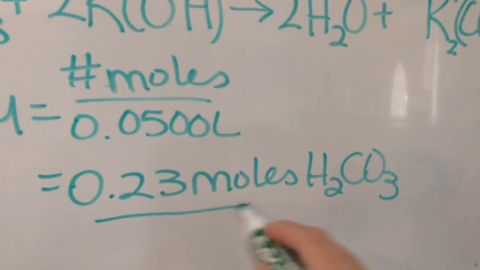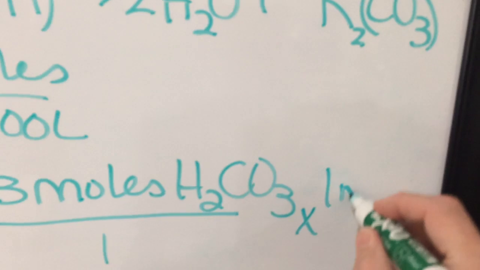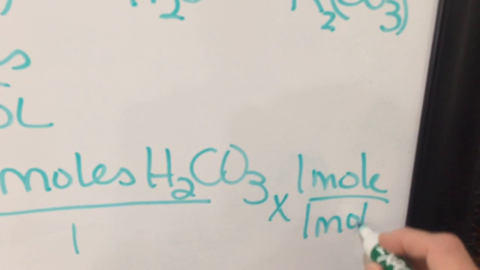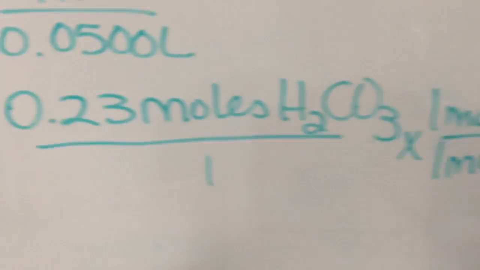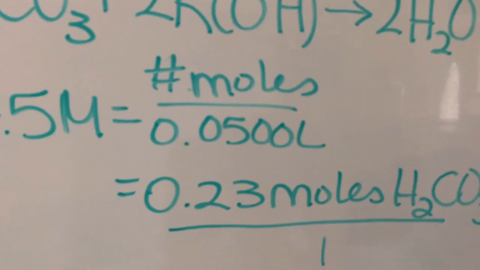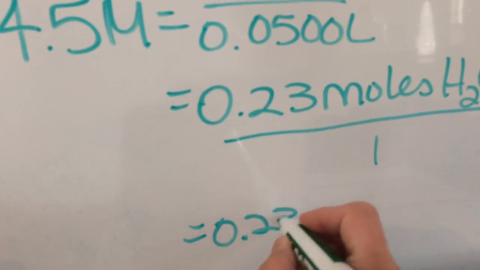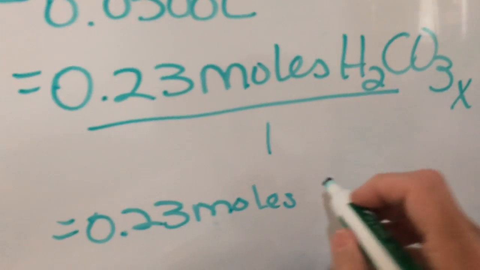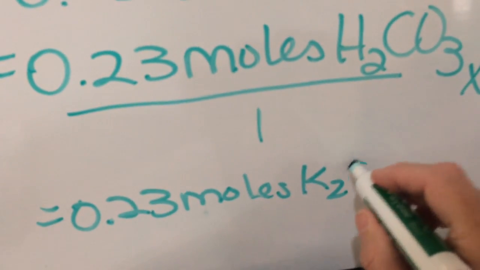I would write that out as 1 mole over 1 mole, and I don't have a lot of room here, so I'm not writing the whole thing. But I would cross out the H2CO3 down here. So my answer is that I also have 0.23 moles of K2CO3.